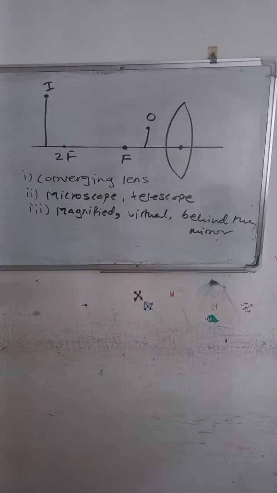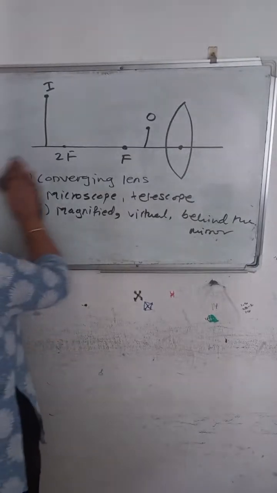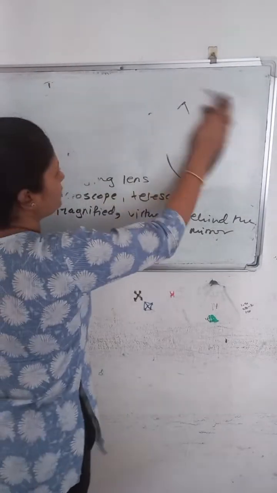Okay, so all the tables, the refractive index table and speed table, are given in the NCERT textbook, but still, I will write the formula again. It's very important. If you know the formula, then you can give the answer.